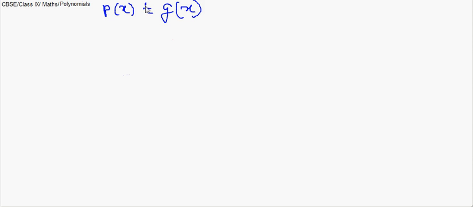The one which we are dividing is generally called the dividend, and the one we are dividing by is called the divisor, here termed as g(x). The question might be asking: p(x) given by x^4 minus 3x^2 plus 2x plus 5 is to be divided by g(x), which is given as x minus 1.